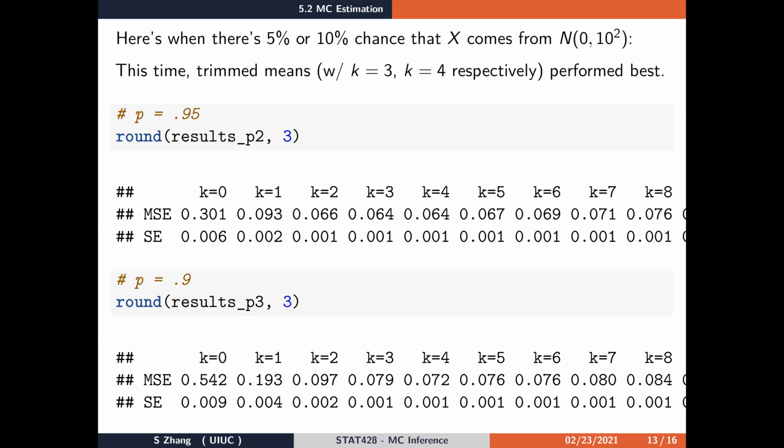It tells us that when our data does not contain a lot of extreme values, then the untrimmed mean, so when K is equal to 0, will have the lowest MSE, will be the most efficient. However, if our data contains some degree of contamination, then the trim mean with some middle range or an appropriate trim level will result in the lowest MSE.